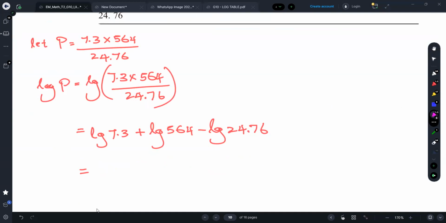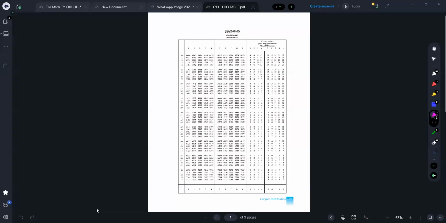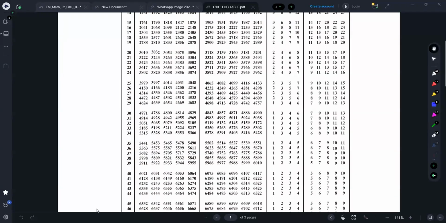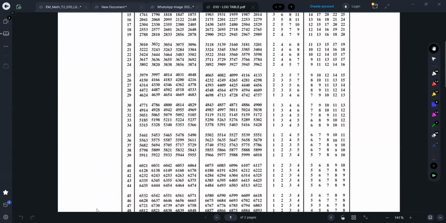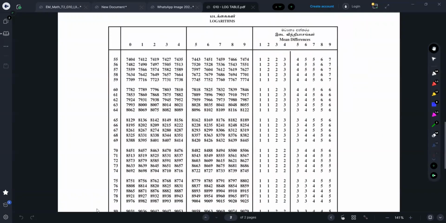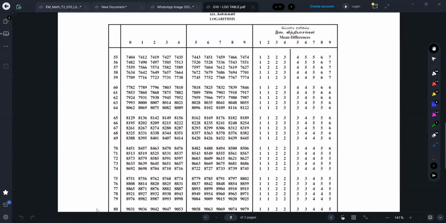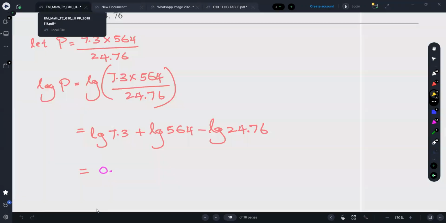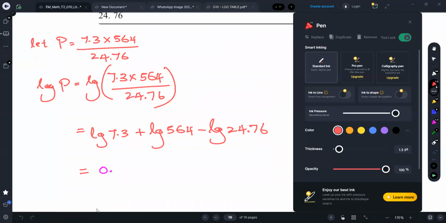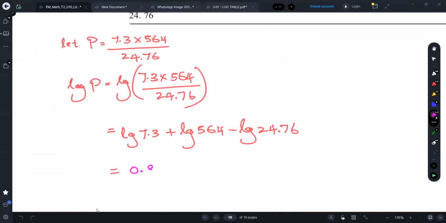If there is one number before the decimal point, then we take 0, so 0.73. 73 we can take from the log tables. 7, 3. 73 here. 0.8633.